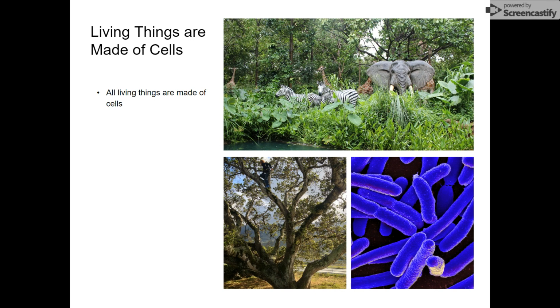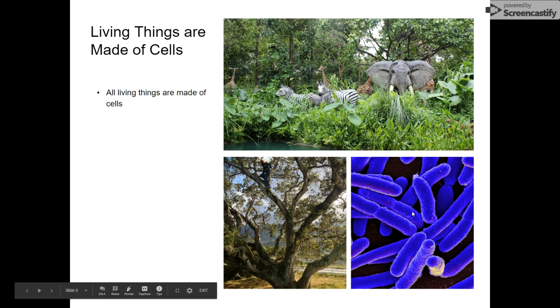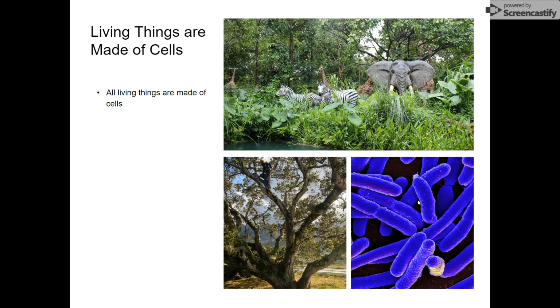Every living thing in these pictures, including the elephant, the giraffe, the zebras, all these plants, all the fish in the water, are made up of multiple cells. This little blue thing, I forget what they are, I think Ebola, some kind of bacteria, but these are all single cells, but they're all living things. These are living organisms, all made up of cells.